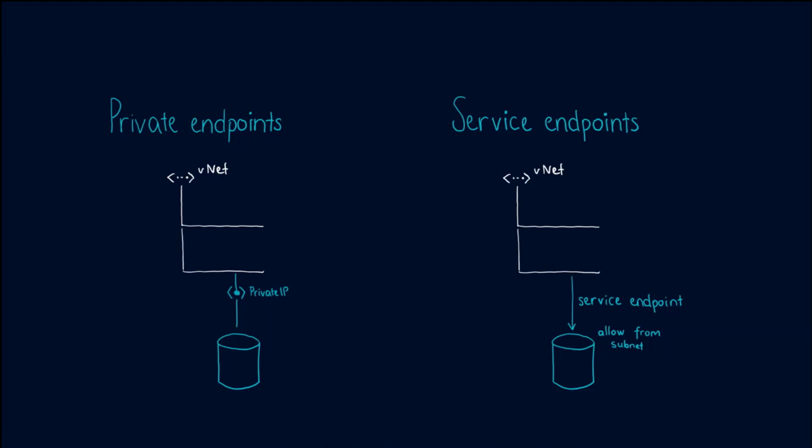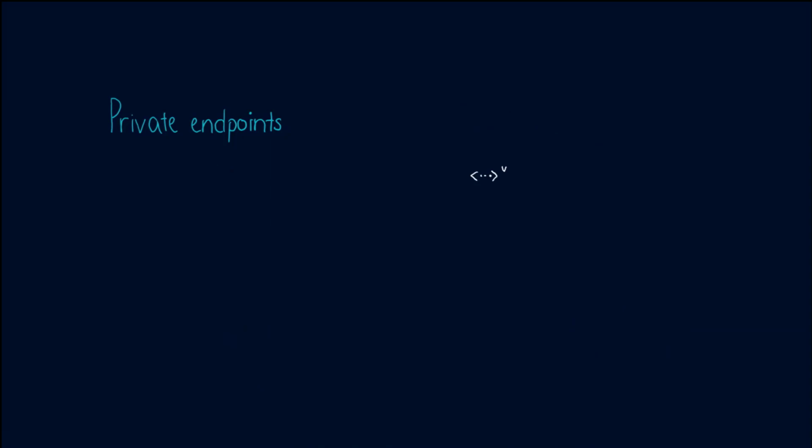So if we first look at the private endpoints portion, we have our virtual network and then we have our database linked in there with the private endpoint. Essentially we have that private IP address that is linked to our Azure database resource. So for example, if we have our application running in another subnet in this virtual network, we are able to reach that database from there.